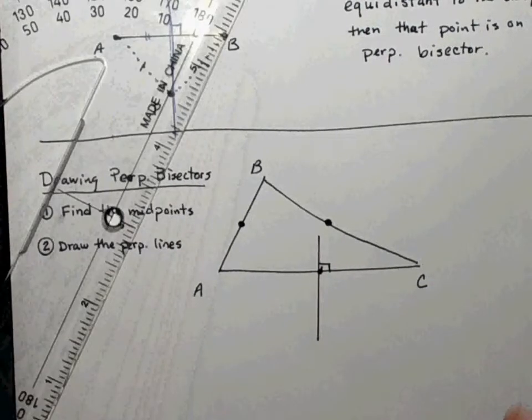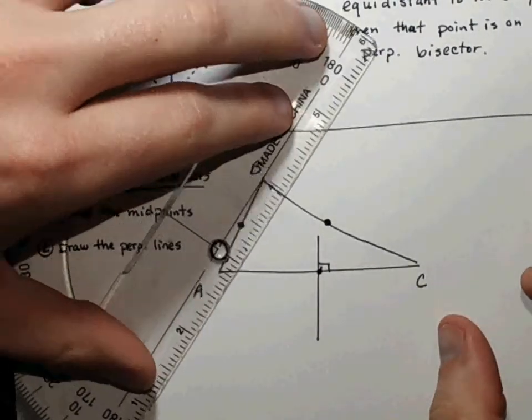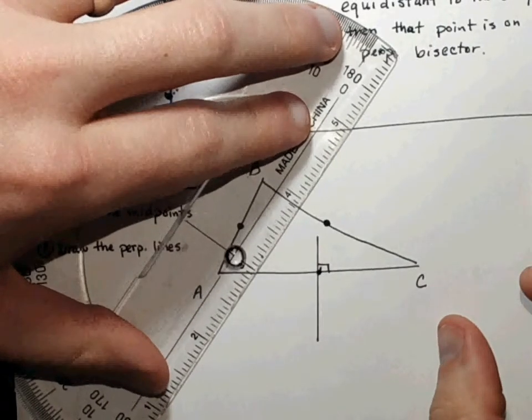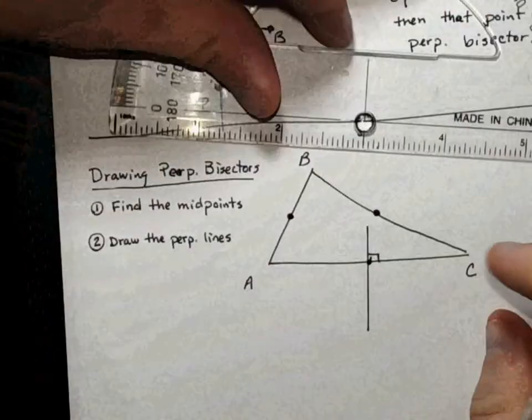Now let's do BC. I'm going to line up. Now my line isn't real good. Well, let me fix my line here.